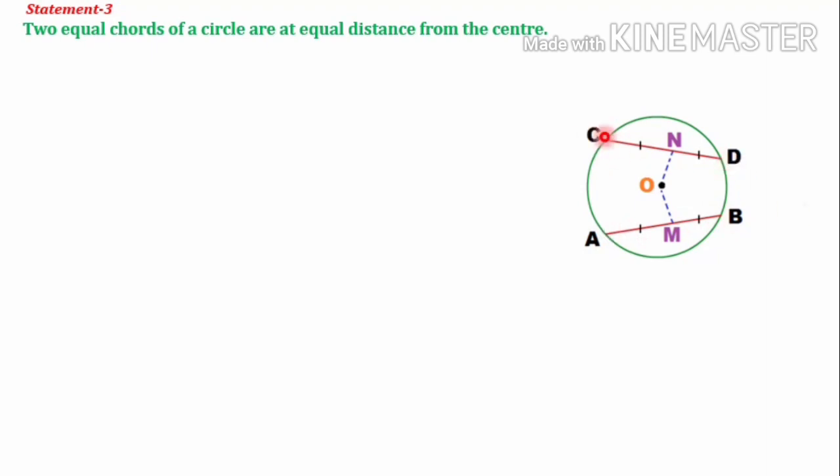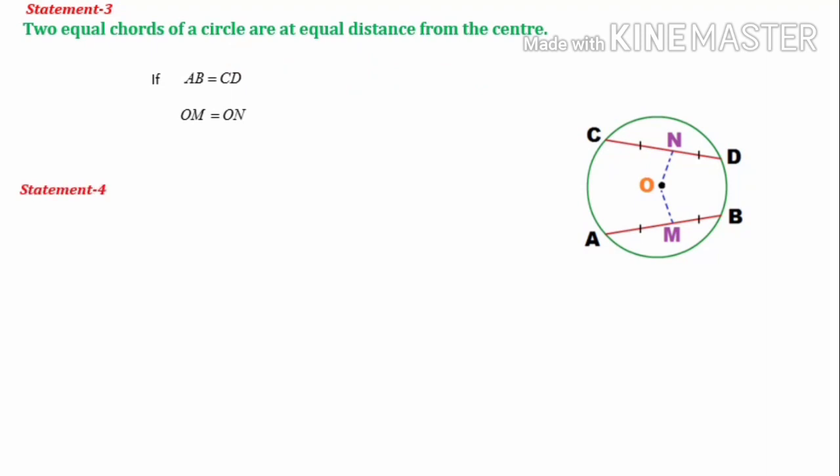So AB and CD are two equal chords and they are at equal distance from the center, meaning the center is O. Equal distance from the center in the sense ON and OM are equal. So if AB equals CD, then OM is equal to ON. OM and ON are the distances from the center.